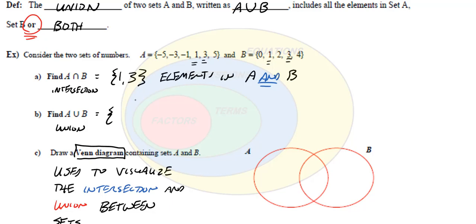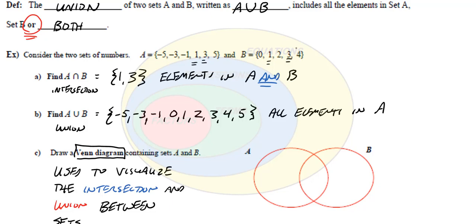So we could just list all the elements in A, -5, -3, -1, and then just fill in all the elements in B too. So -1, 0's in B, so that's in the union. And then 1, 2, 3, 4, 5. So these are all the elements in A or B.